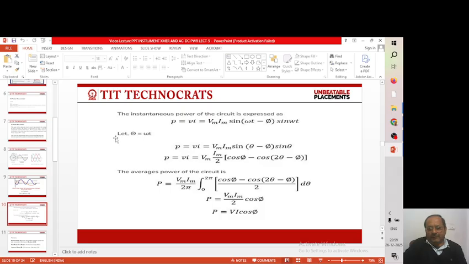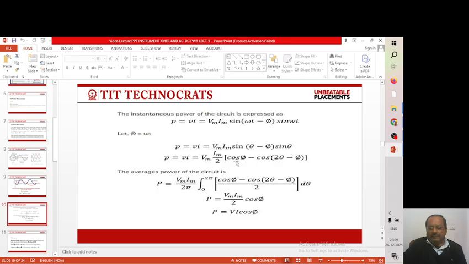So here we can take omega t equal to theta. Then the equation will be Vm Im sin (theta minus phi) sin theta. This is the product of voltage and current.